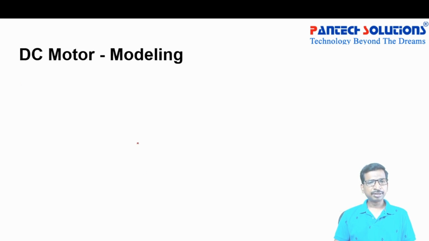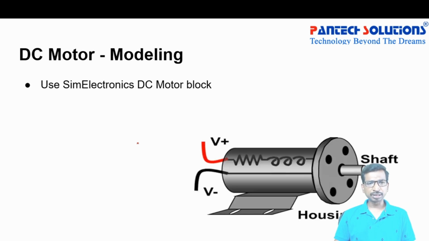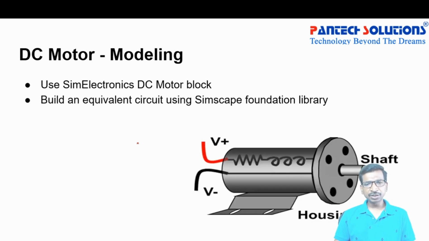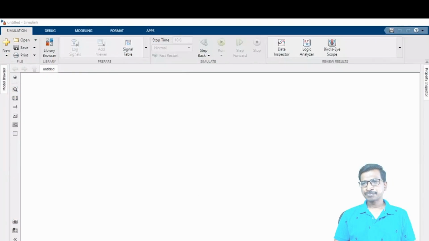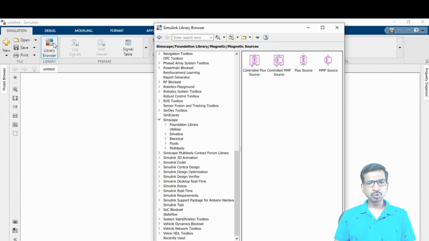Now we can understand how the DC motor can be modeled with MATLAB Simulink. The first way is to use the Sim Electronics DC motor block. To do this, open MATLAB and open the Library Browser.